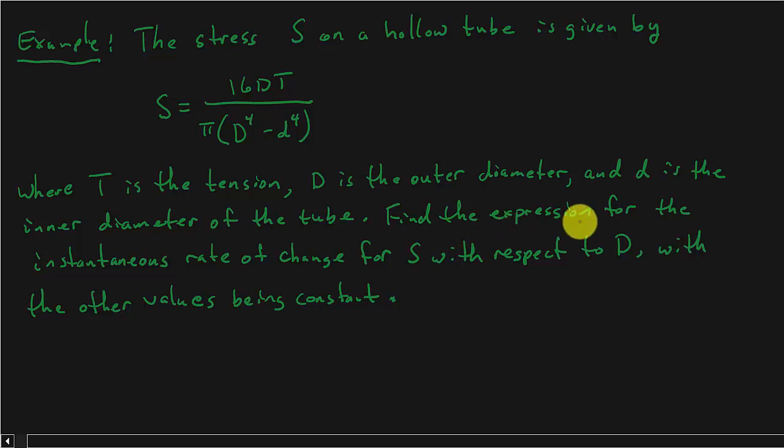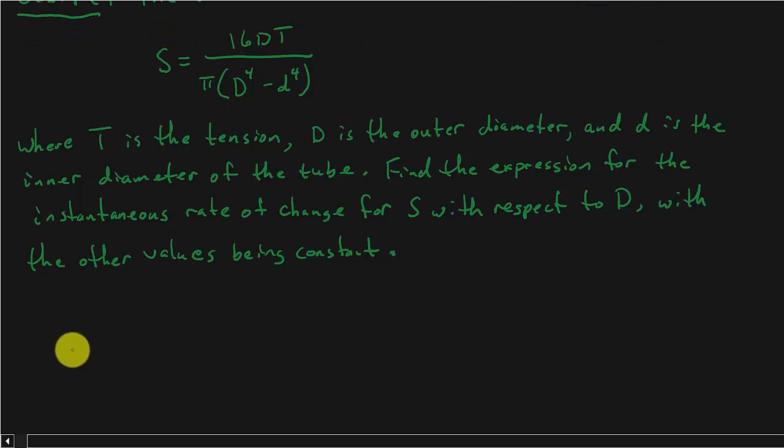Find the expression for the instantaneous rate of change of S with respect to capital D, with the other values being constant. Okay, it's a little more difficult, but it's not too bad.